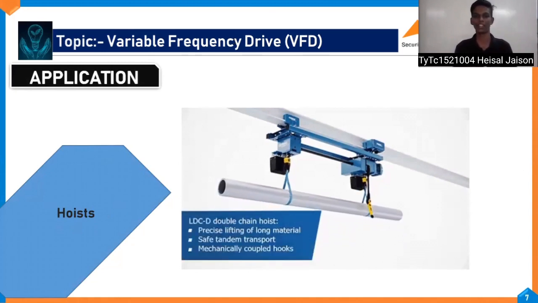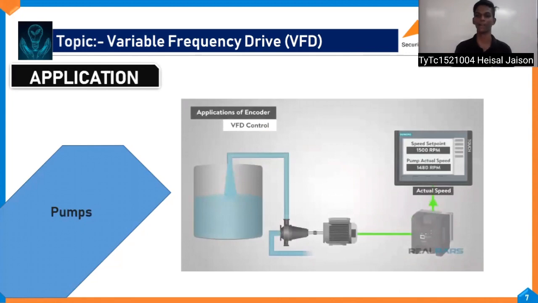Then we can see the next one, the pump. In this pump, you can see more than one application. You can see that the motor is coupled with the pump, so the speed of the motor is directly equal to the speed of the pump. You can see that the microcontroller is there and the HMI panel is on the top side.